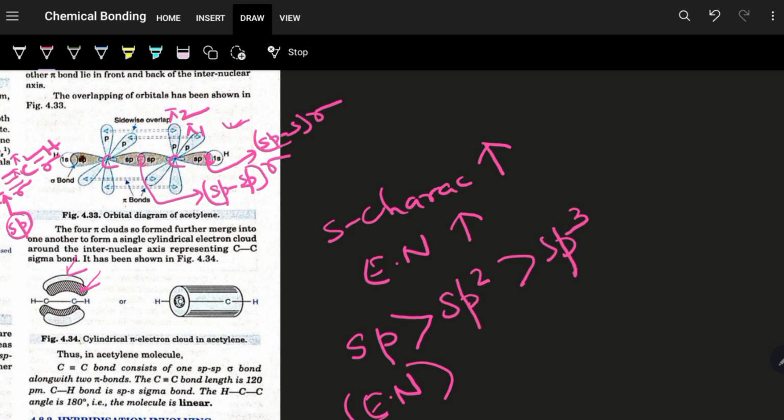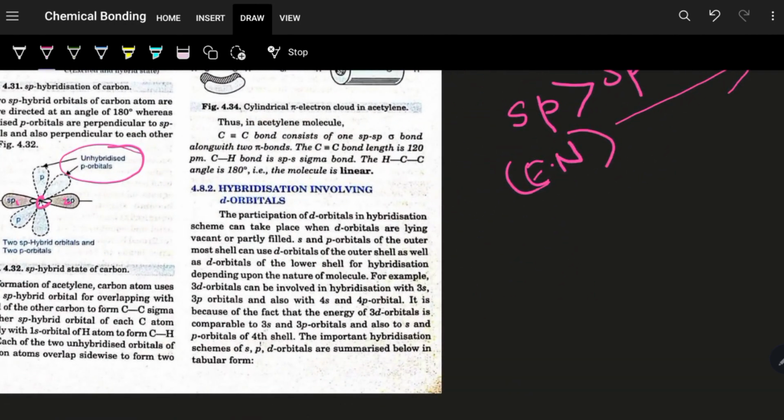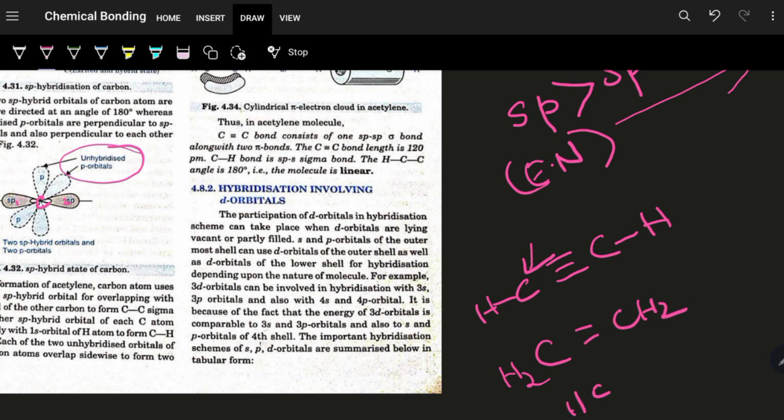The reason is s character decreases in this order. So now I can say that in HC triple bonded CH, this carbon is more electronegative than in CH2 double bonded CH2, than in CH3 single bonded CH3, right?